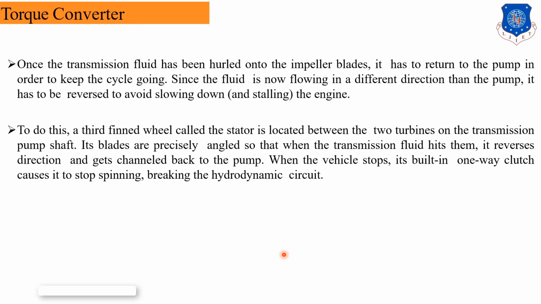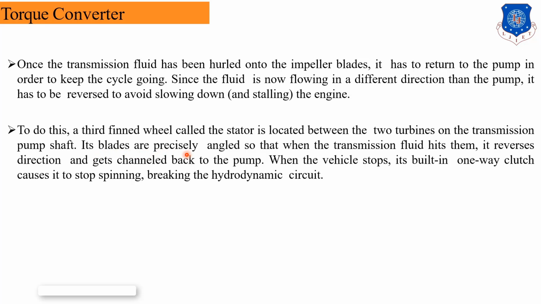Next, when the transmission fluid has been hurled onto an impeller blade, it has to return to the pump in order to keep the cycle going. Since the fluid is now flowing in the opposite direction to the pump, it has to be reversed to avoid slowing down and stalling the engine. To do this, a third wheel called a stator is located between the two turbines on the transmission pump shaft.